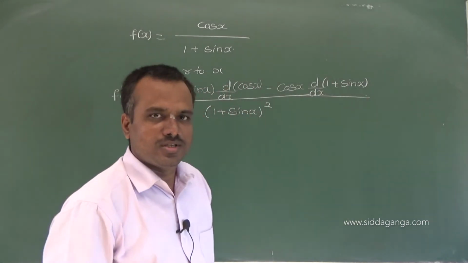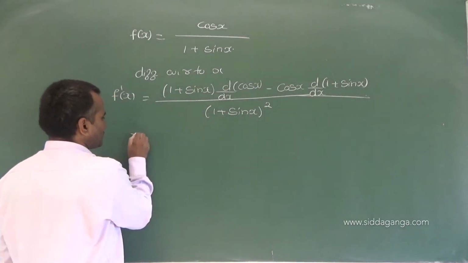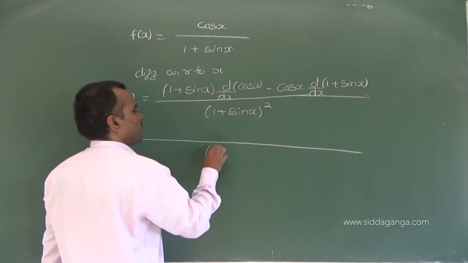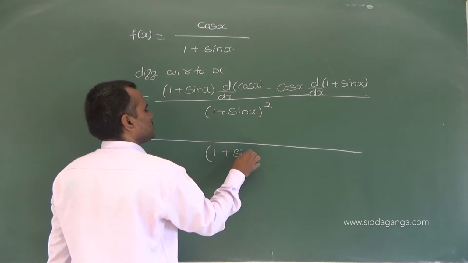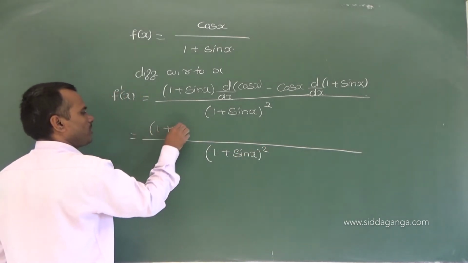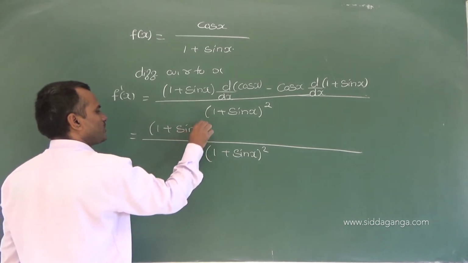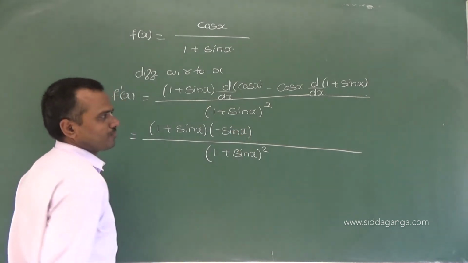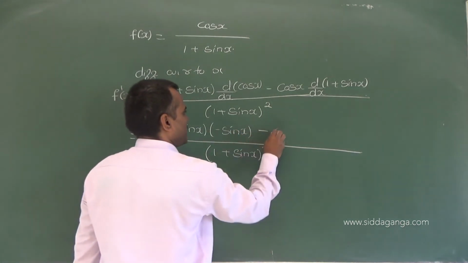So that is equal to 1 plus sin x whole square, 1 plus sin x into derivative of cos x is minus sin x, minus cos x.